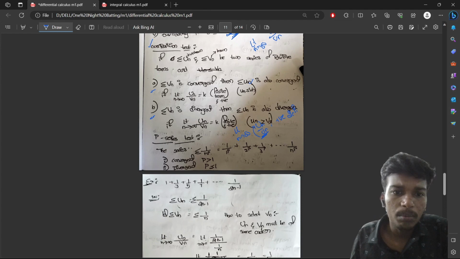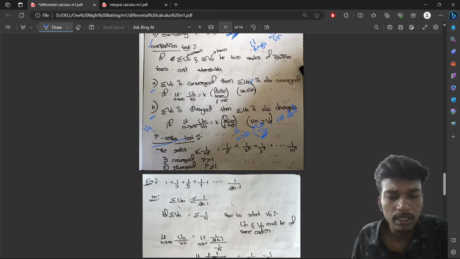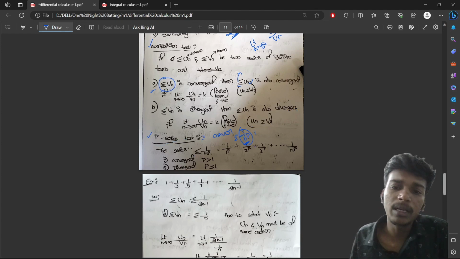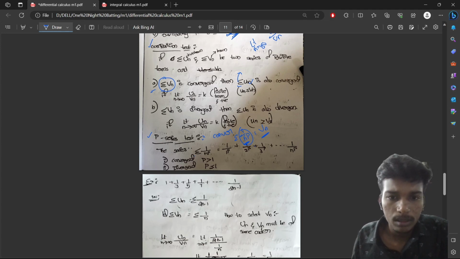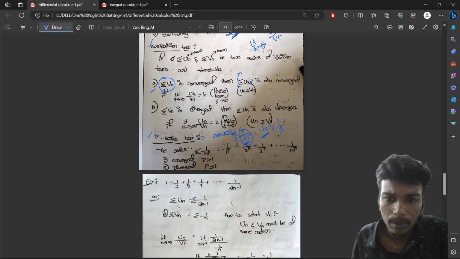To judge the convergence of the series vn, we will use the p series test. This might be the typical form of the vn that we will take, because in a problem you will get to know how we are forming this vn. With n ranging from 1 to infinity, that implies 1 by 1 power p plus 1 by 2 power p plus 1 by 3 power p and so on up to infinity.